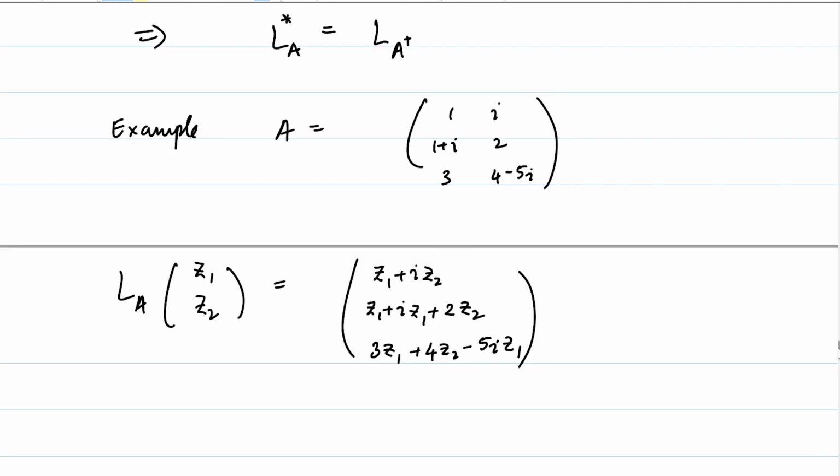Without any complications, we can just say that the adjoint of A is the matrix with rows 1 minus i, 3, and minus i, 2, 4 plus 5i. And therefore, what is going to be the adjoint of L_A? This is going to be from C^3 to C^2. So for (w1, w2, w3), it is just multiplication by this matrix.